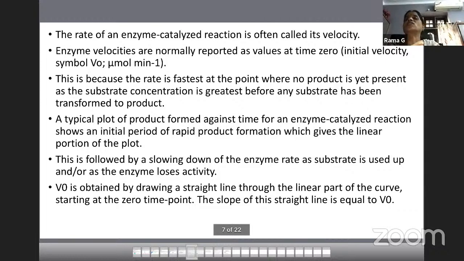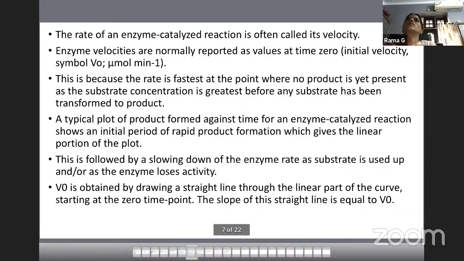That means the concentration of substrate molecules is more at the starting point, before they transform into products, or before they transform into the ES complex, which further gives the product and enzyme. So in the initial stage, substrate concentration is more. Why?